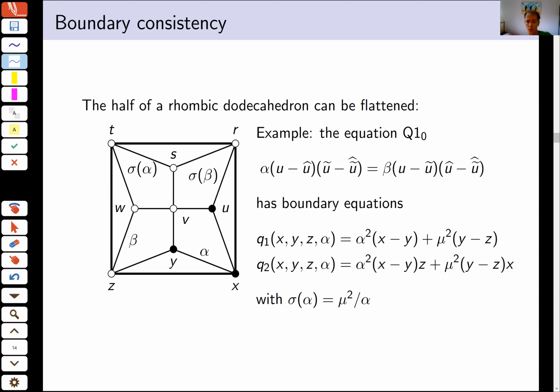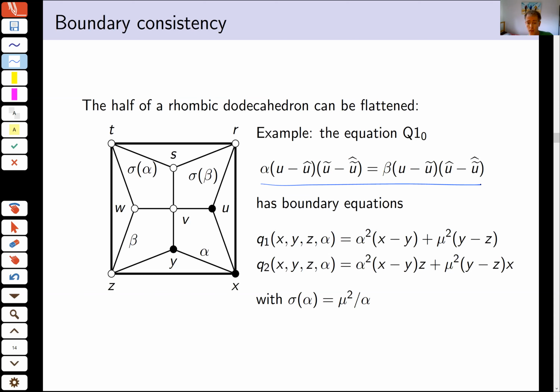So this equation here on the slide with alpha and beta as parameters, quad equations called Q1, 0. 0 relates to a parameter delta that is set to 0. And there can be several boundary equations that are consistent with one quad equation. So here are some examples.